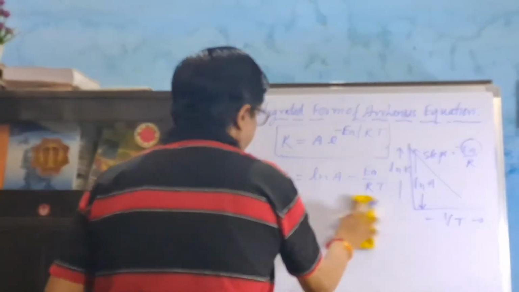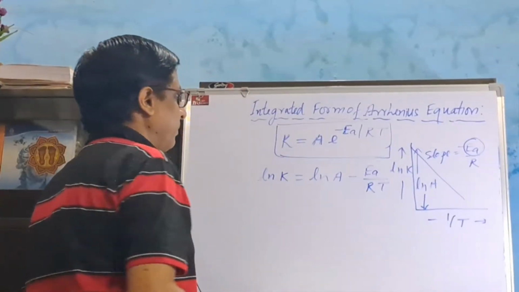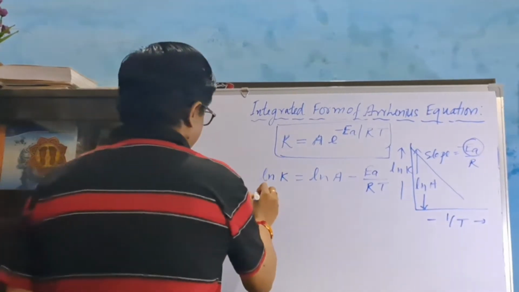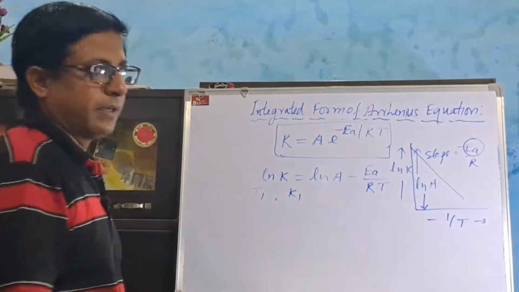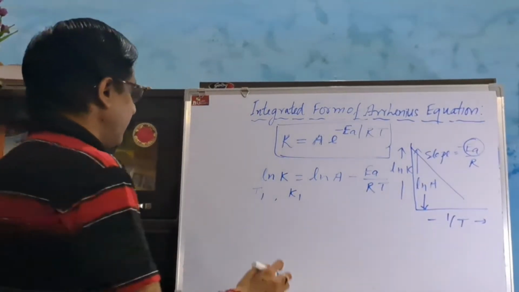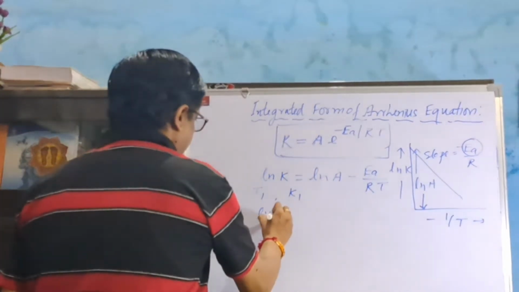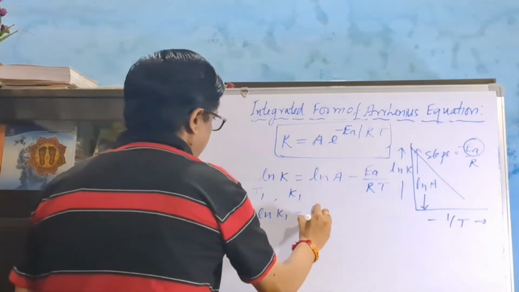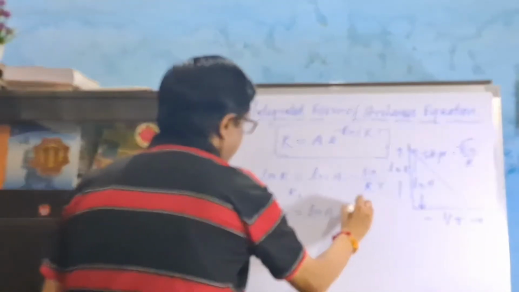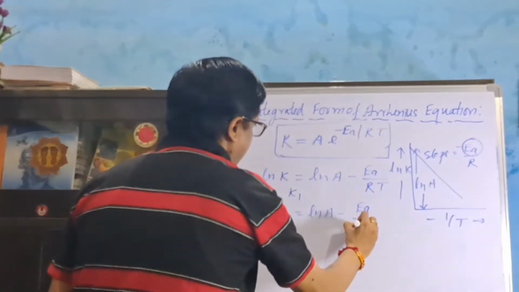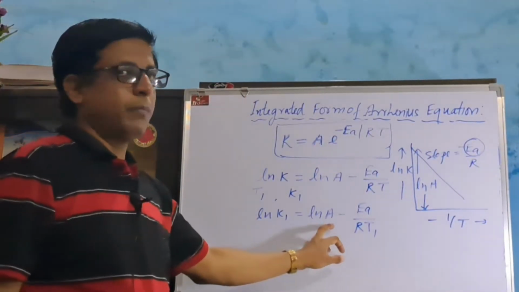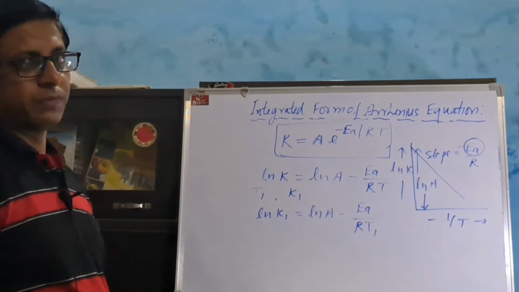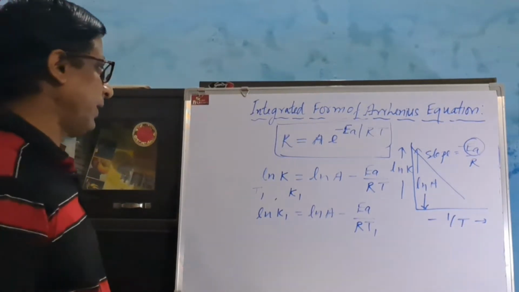Now, if at temperature T1 the value of rate constant is K1 for a particular reaction, then we have ln K1 is equal to ln A minus Ea upon RT1. A pre-exponential factor or frequency factor is a constant for a particular reaction.